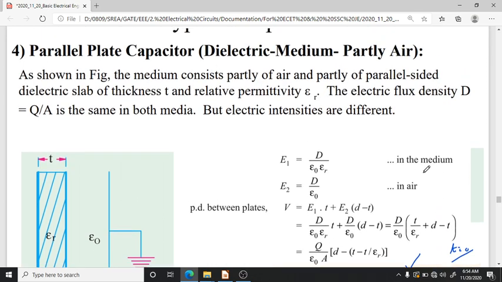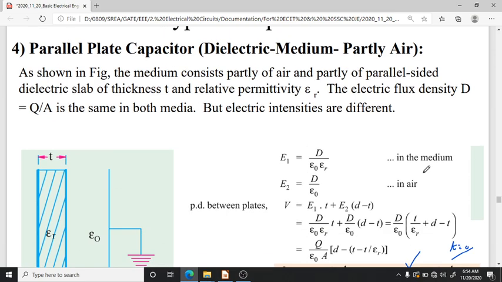So this is the equation for parallel plate capacitors when the dielectric medium is partially air.